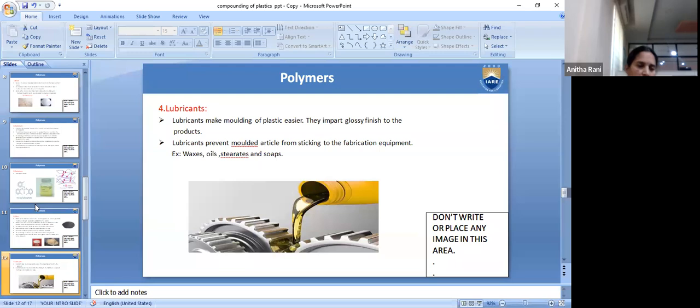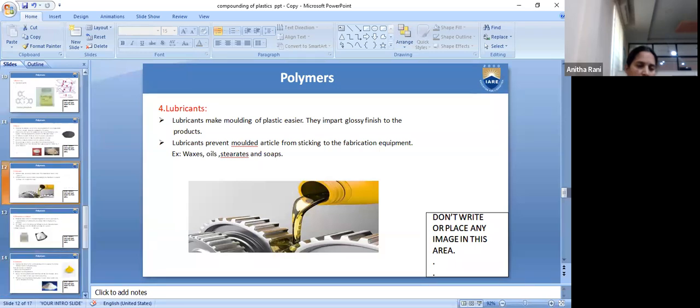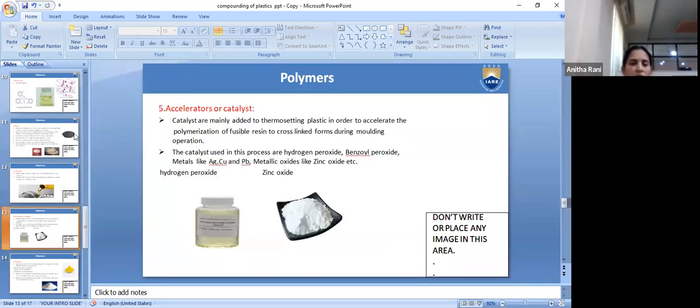Next, the fifth one we are adding is catalyst, or accelerators. Catalysts are mainly added to thermosetting plastics in order to accelerate the polymerization of fusible resin to cross-linked form during the molding operation.